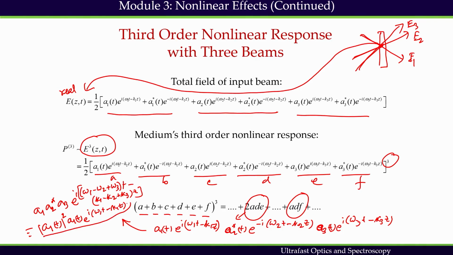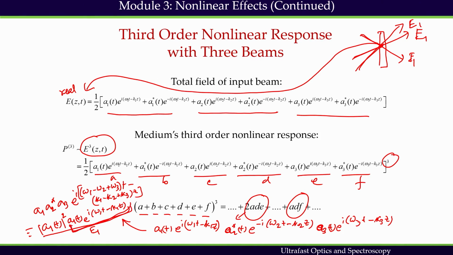What does it mean to use 3 identical beams? It means that I have this beam, the input beam E1, they are identical, so all are E1 now, E1, E1 and E1. Their propagation directions are different, but they are still the E1 beam. So that can be expressed by this.